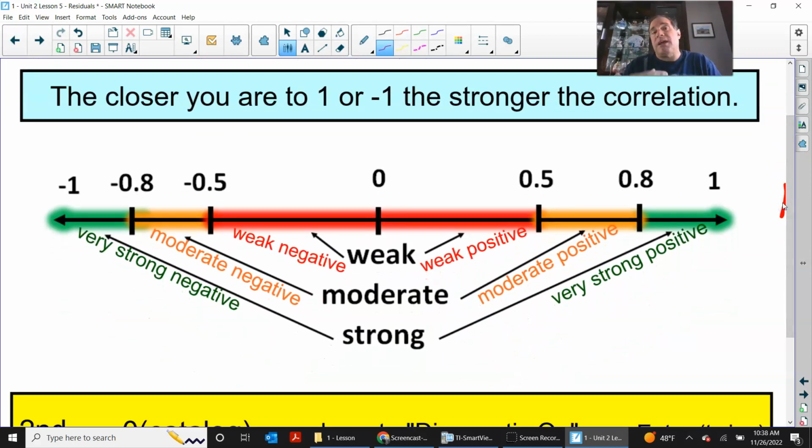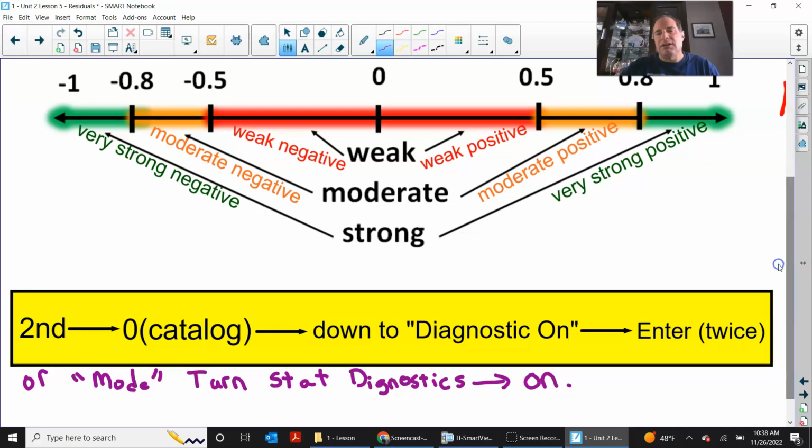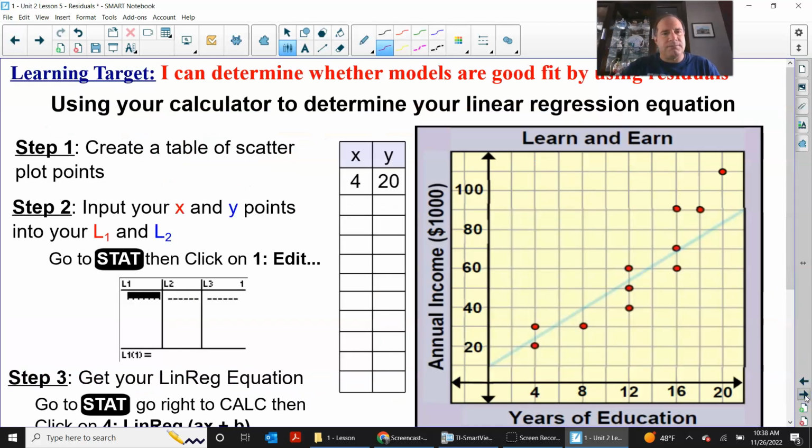It's just going to give you the A and B and the linear regression equation without that correlation coefficient. All right, so just remember, turn Stat Diagnostics on to see that correlation coefficient.